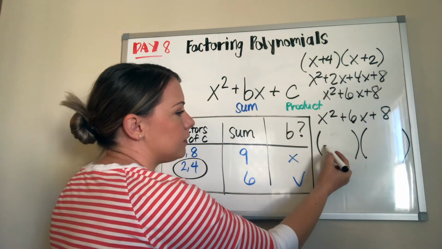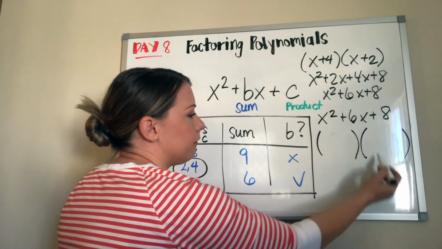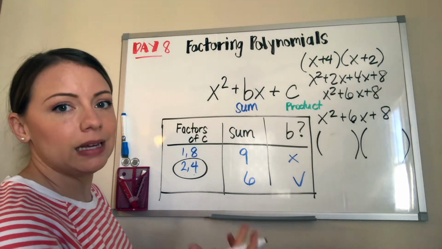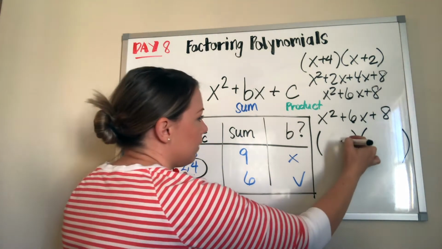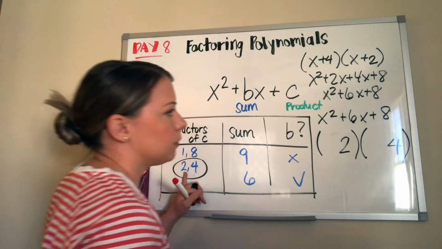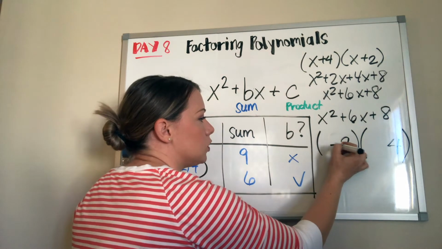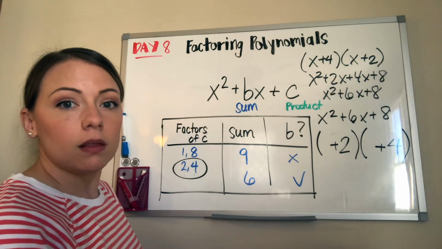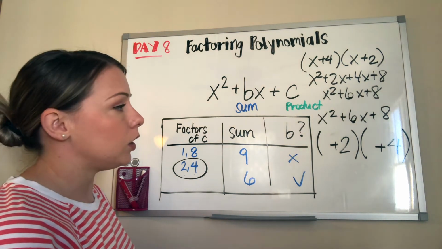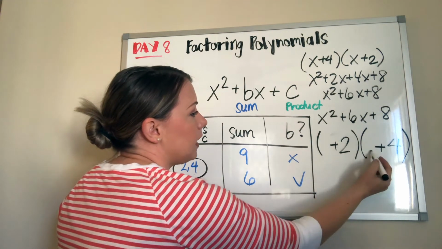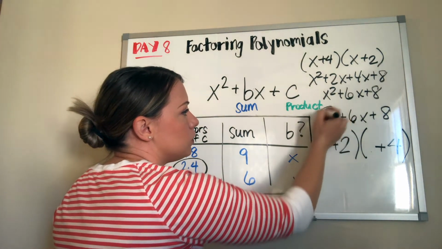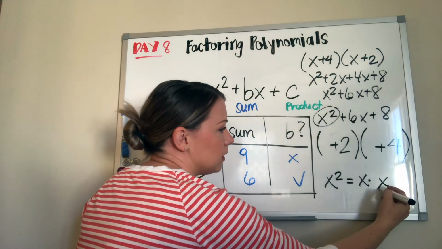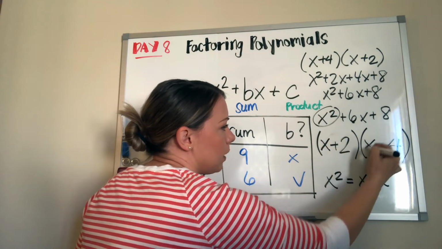I know I have to have a variable plus or minus a number, a variable plus or minus a number. These are those 2 numbers that close out or end the binomials. So I would have a 2 and I would have a 4. I also have a positive 2, therefore plus 2, and I have a positive 4, therefore plus 4. And then the last part that's going to close out those binomials is I have to have a variable here. So look to see which variable you started with. So x squared is the same as saying I have x times x, therefore you have x and you have x.